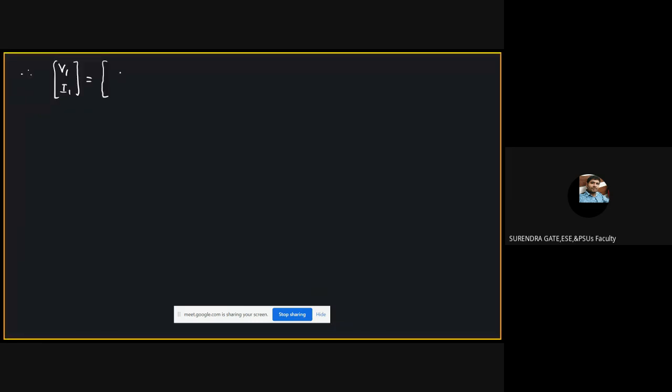But I want the resultant ABCD parameters. Here we have V2 and minus I2. What is V1 I1 equal to?